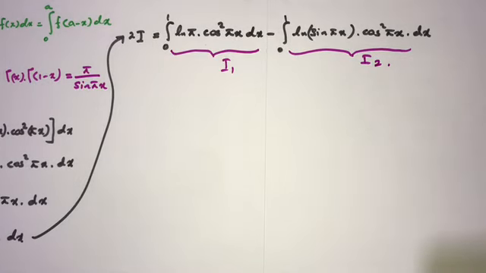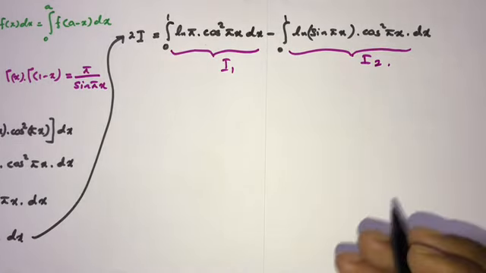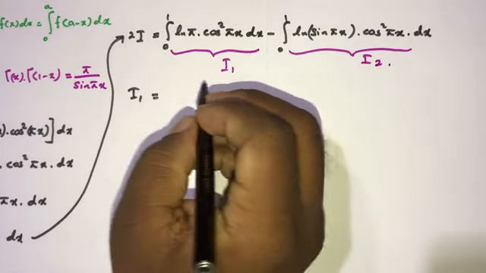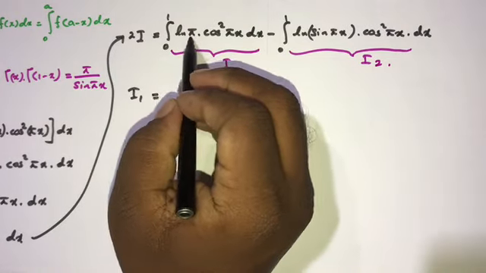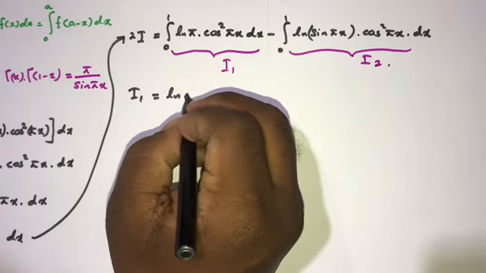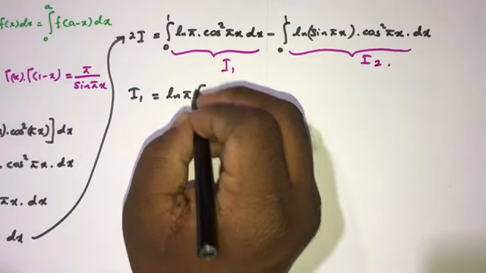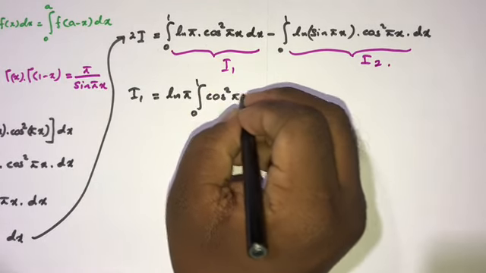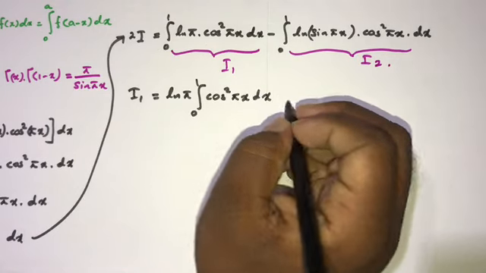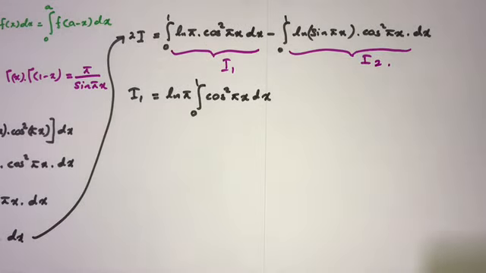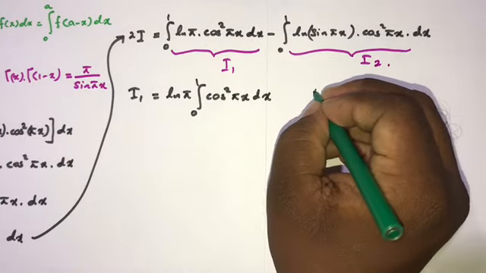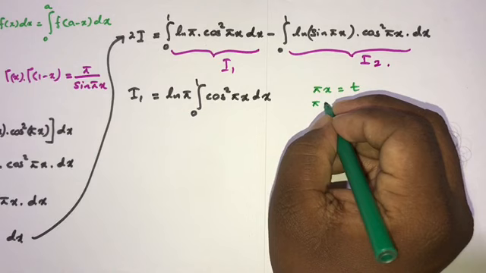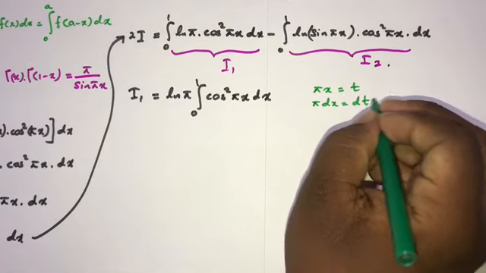Now I am going to take I1. I1 is equal to natural log of pi, which is a constant, times the integral from 0 to 1 of cosine square of pi x dx, and now I am going to use substitution. If we take pi x equal to t, differentiating, pi dx is equal to dt.